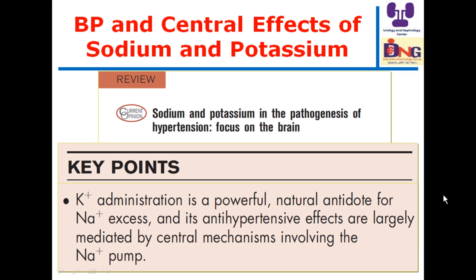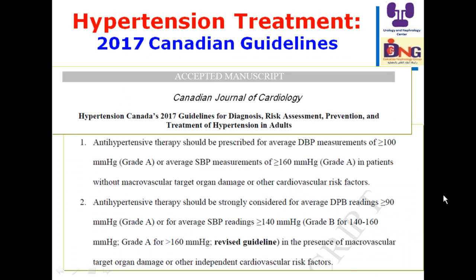This is why the guidelines state sodium restriction and giving potassium, and I want to repeat, this is grade A evidence. If you are not afraid of hyperkalemia, reduce sodium and allow potassium to control blood pressure. Again, we are coming back to the Canadian guidelines.